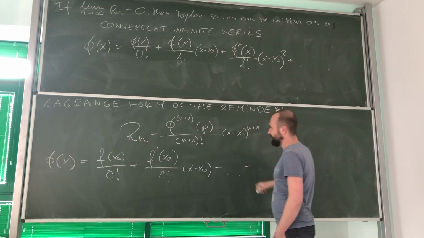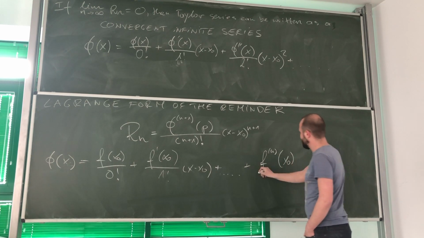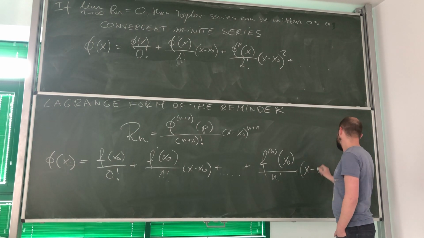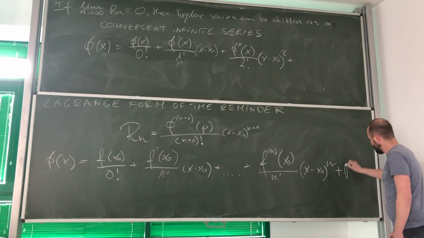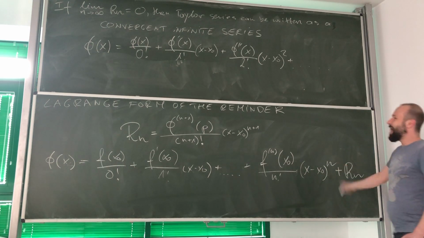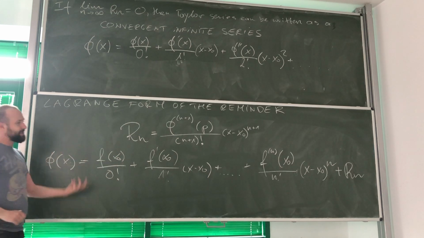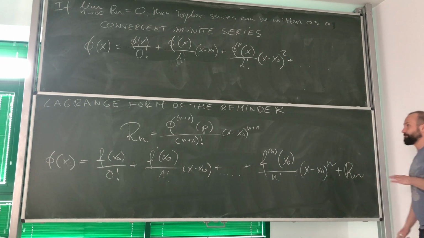And we go on like this until we end up at the nth derivative evaluated at x0 over n factorial times x minus x0 to the n. In this case, there is one element missing, the remainder. Now, how many elements do we have? n. Let's say this n is a very, very big number.